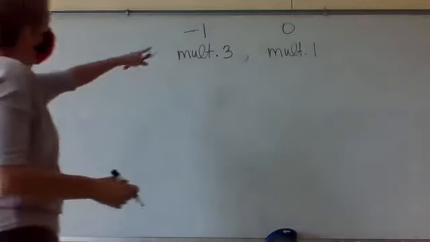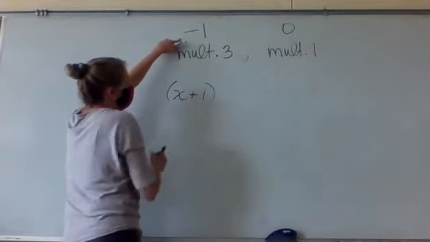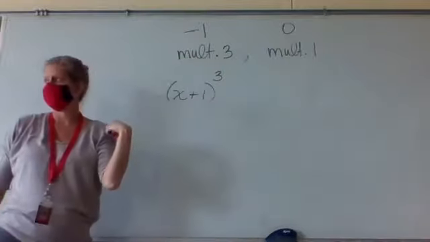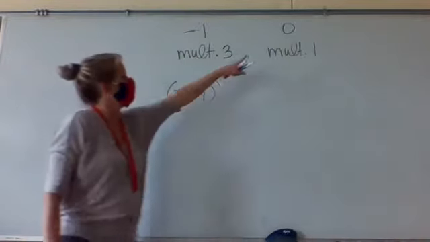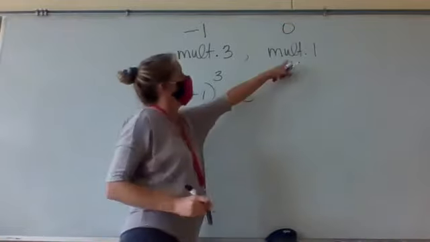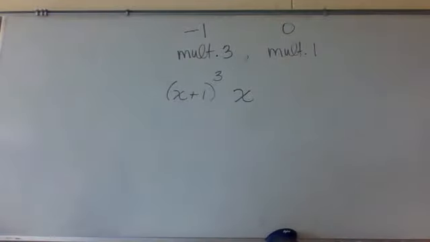So let's see, negative 1 is the 0, which means it came from x plus 1. Its multiplicity is 3. 0 is a 0, which means it just came from x, and its multiplicity is 1, so it's just going to be an x. So negative 1 is a 0 of multiplicity 3. 0 is a 0 of multiplicity 1.